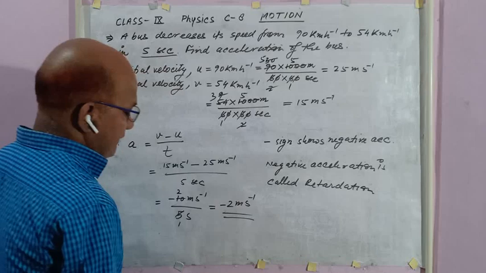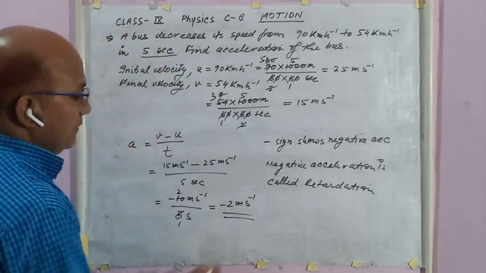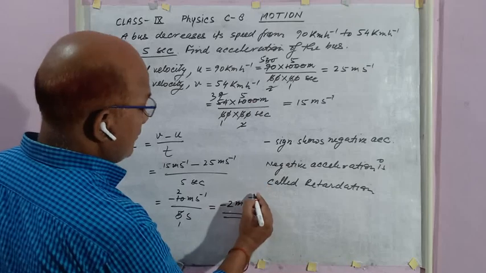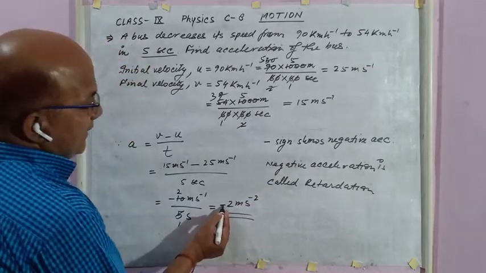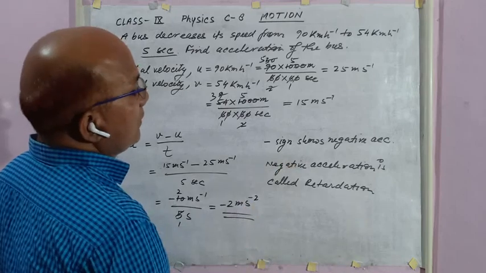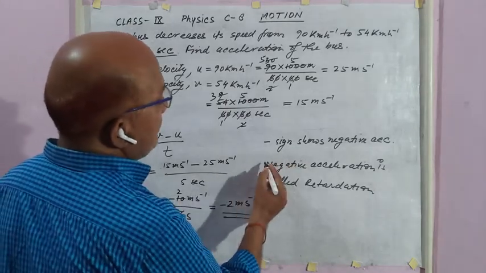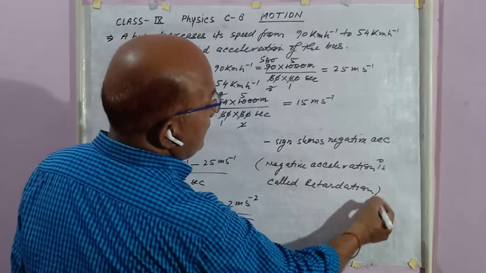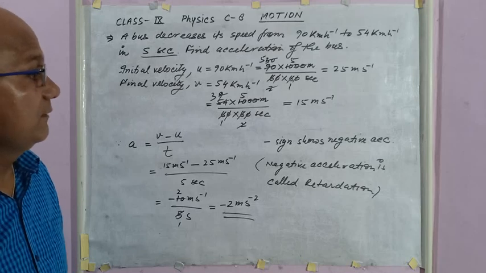So the value of acceleration is minus 2 meter per second square. Here negative sign shows negative acceleration, and negative acceleration is called retardation. Now take a screenshot of it.